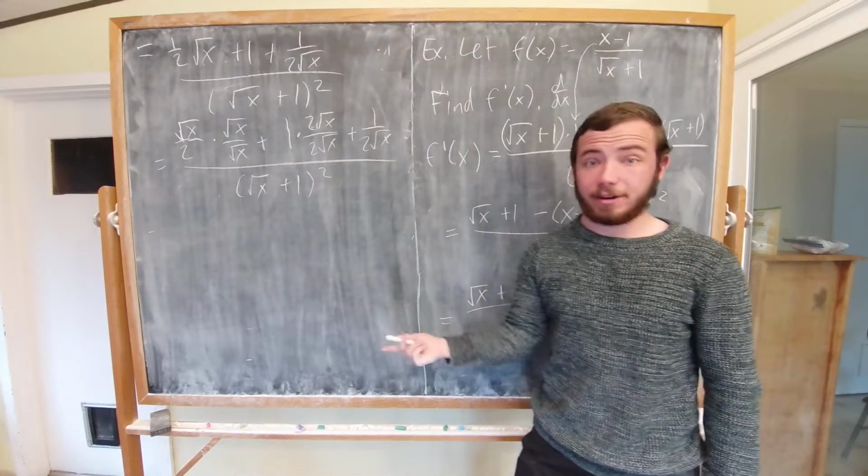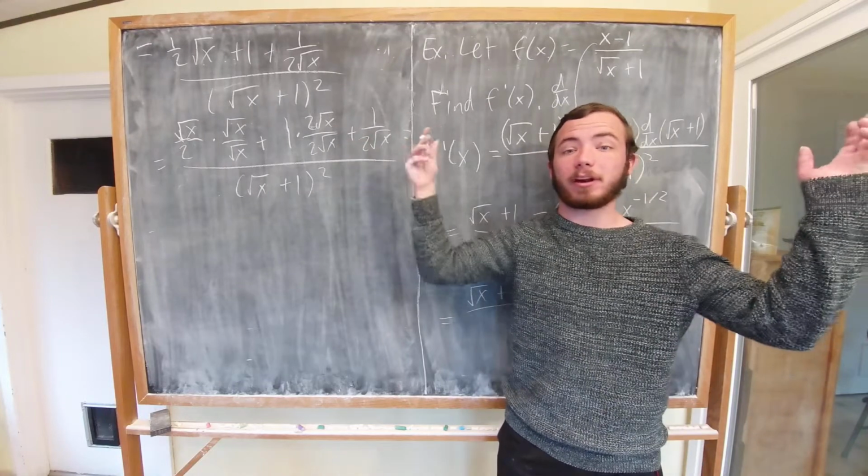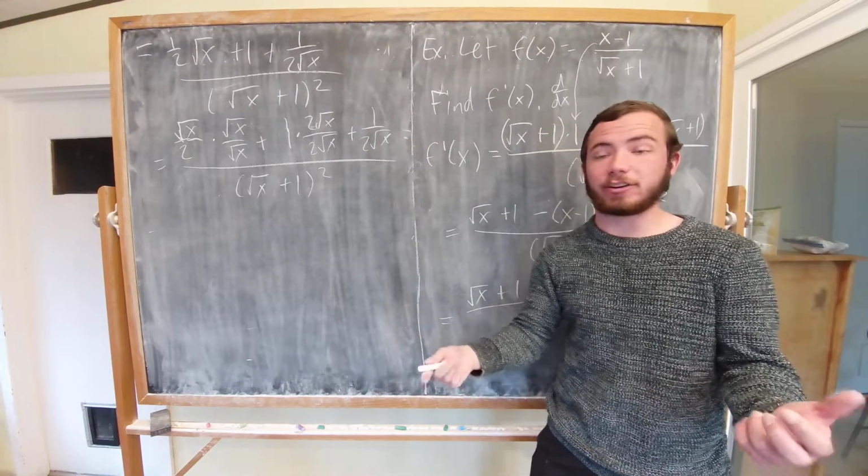Okay, so why did we do that? We did that to make sure that all of our things on top would have a common denominator, so we can put them together and start using fraction rules.